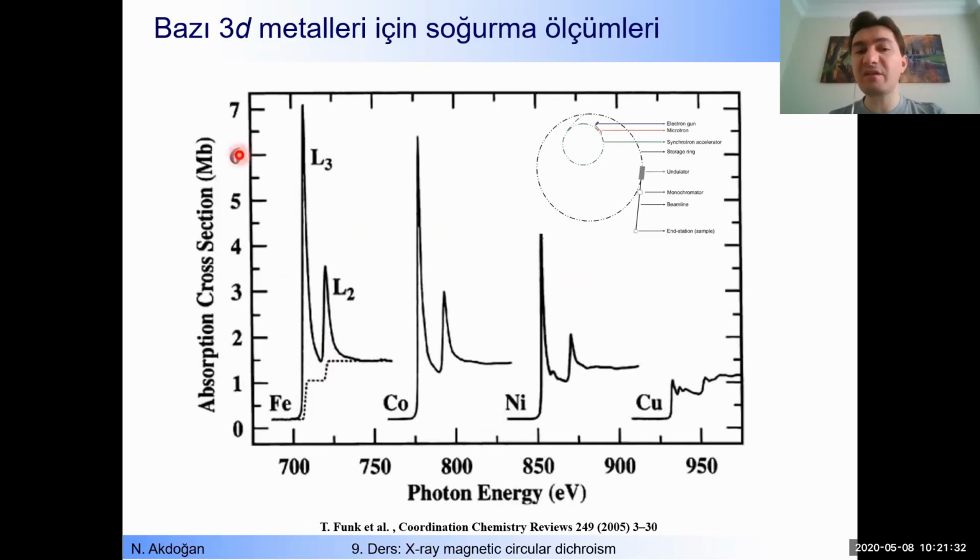So it is element specific. You scan the whole energy range depending on the limits of your beamline, and then element specifically you can measure your sample. This is a very nice property of XMCD measurements.